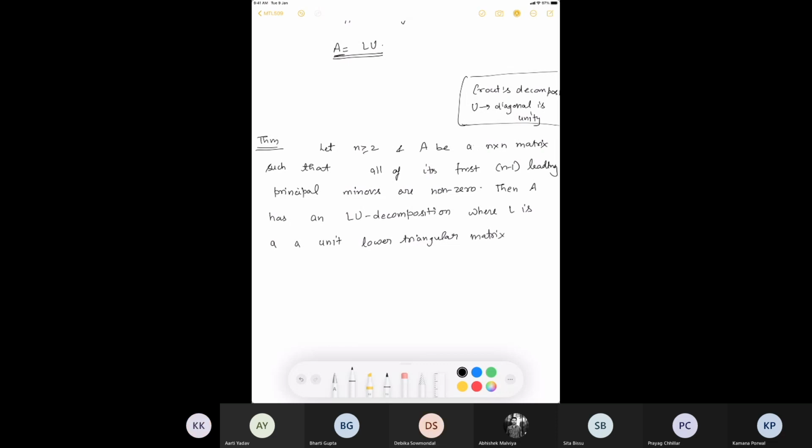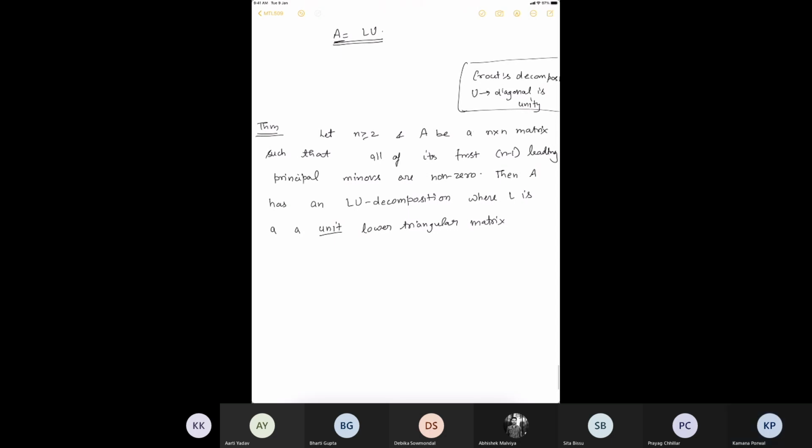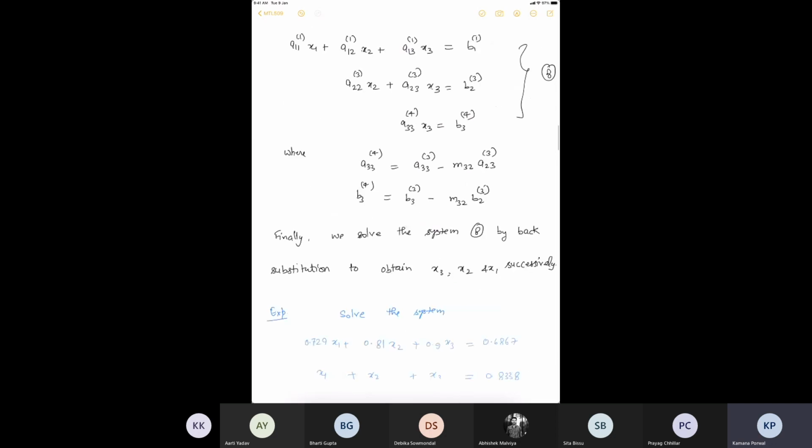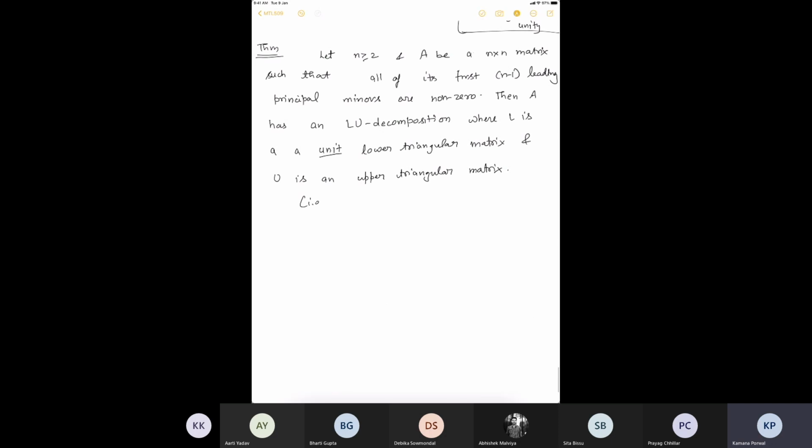When I say unit lower triangular, I am referring to the diagonal entries being 1, and U is an upper triangular matrix. So basically, what I am referring to here is the Doolittle's factorization. That is, A has Doolittle's factorization.